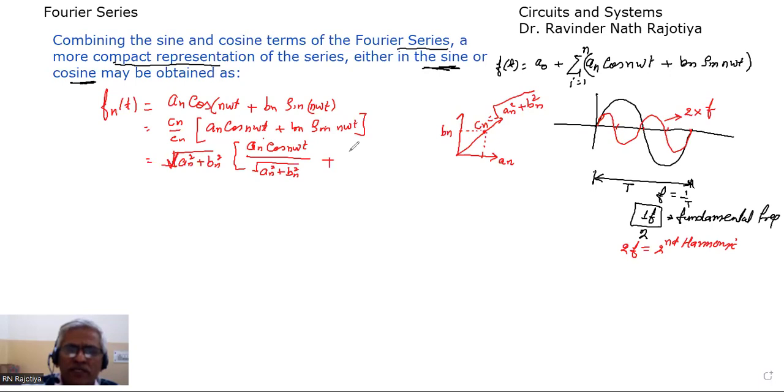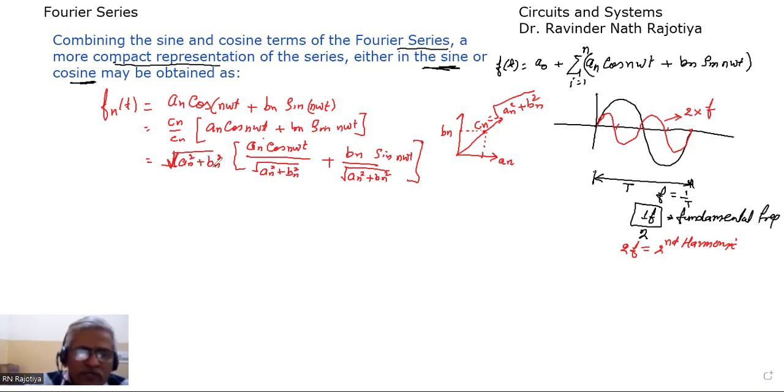Similarly, plus I can write bn upon square root of an square plus bn square into sine of n omega t. So this is what exactly the f of nt is equal to.